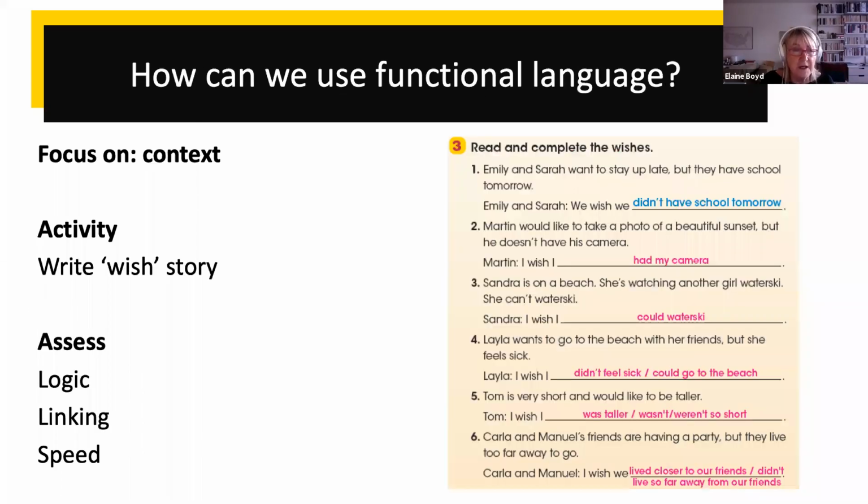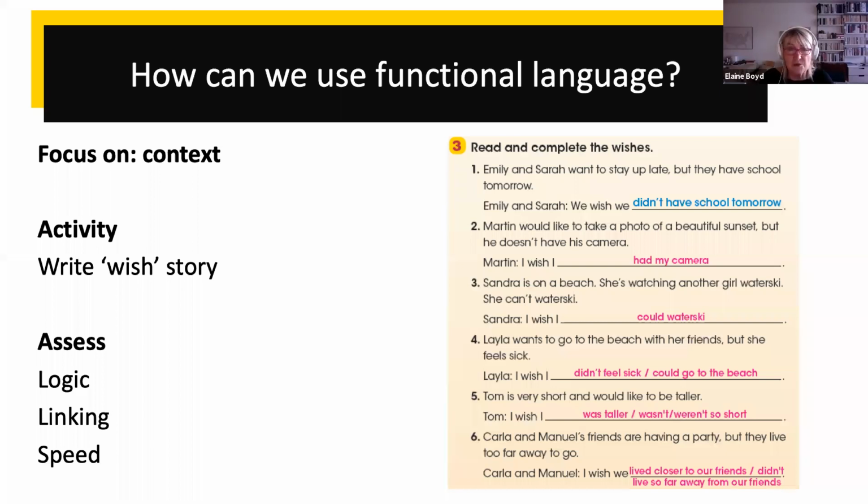And then finally, this is level 6. Something else which is certainly in Look and is common in a lot of course books is you might, I'm just keeping an eye on the time here, you might want to take the functional language, which is often used for speaking, but remember there's functions in writing as well. So I'd put down that your focus here is going to be context, and they're doing wish.